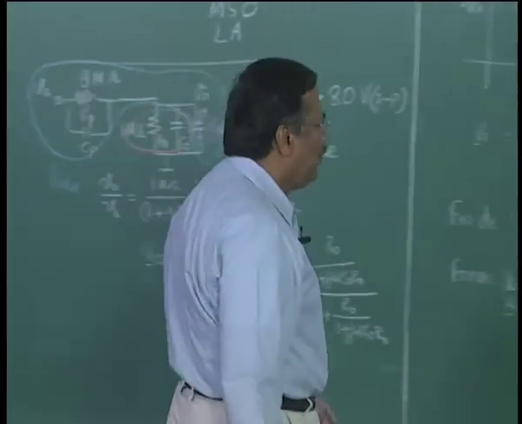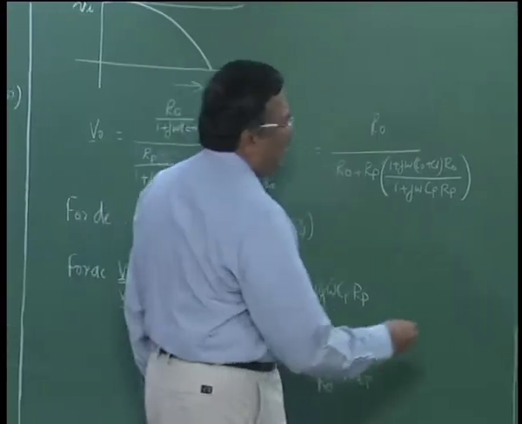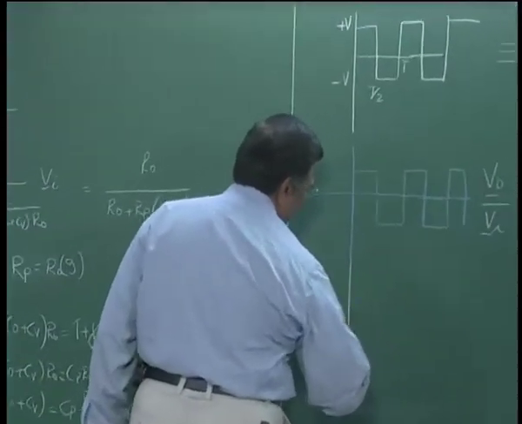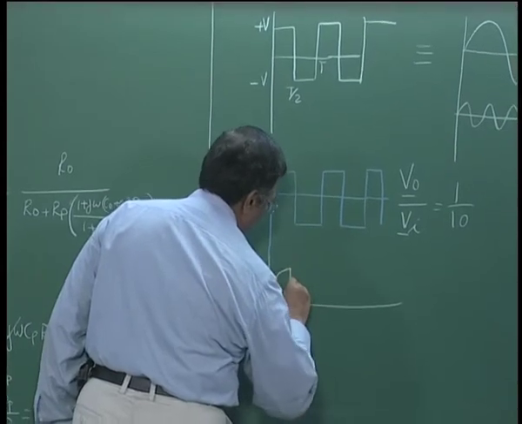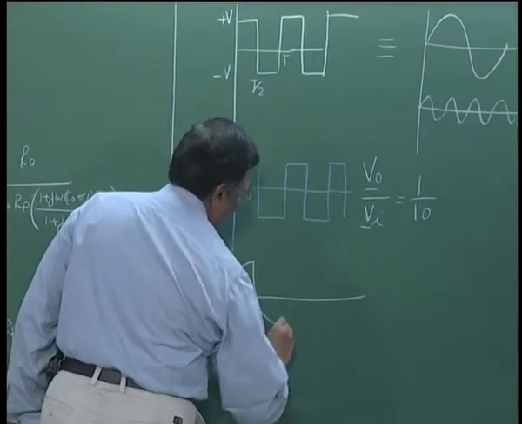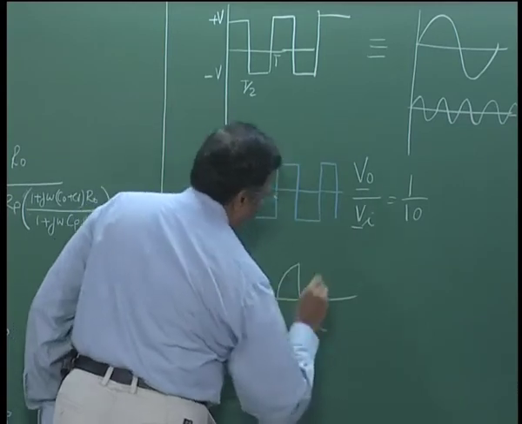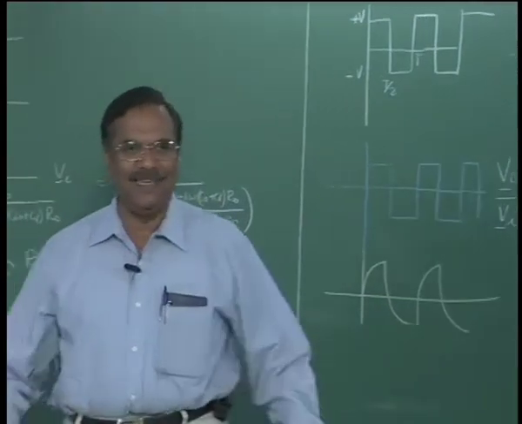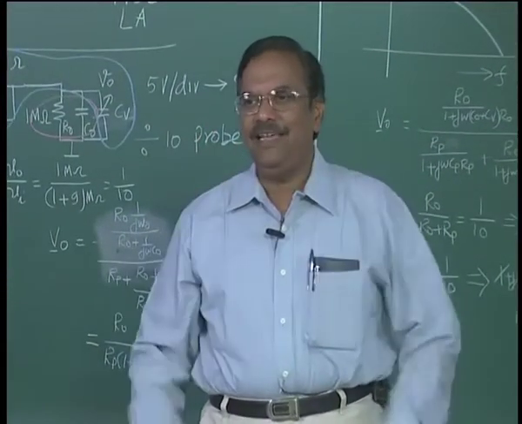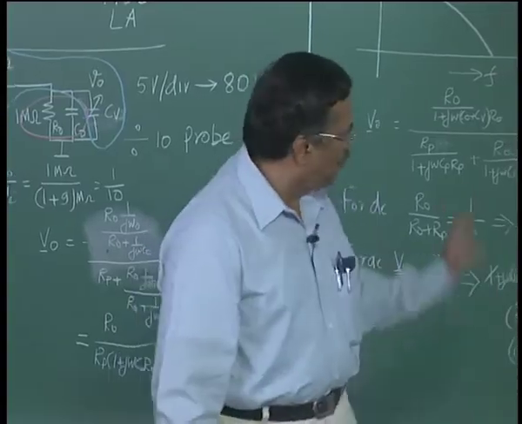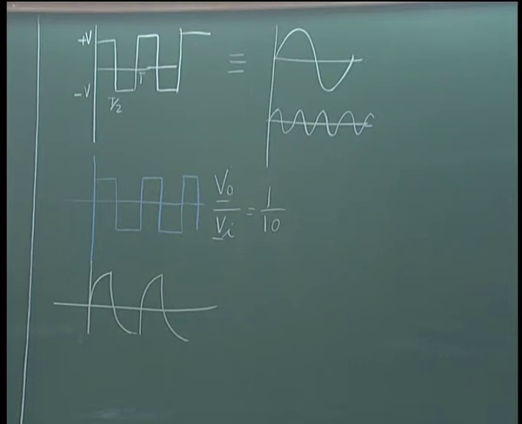So if I look at the square waveform when high frequencies are attenuated, I will get a waveform like this. I am really exaggerating, but the corners will not be corners, right, they will be slightly sloped at the corners.